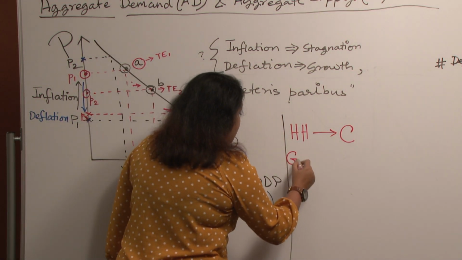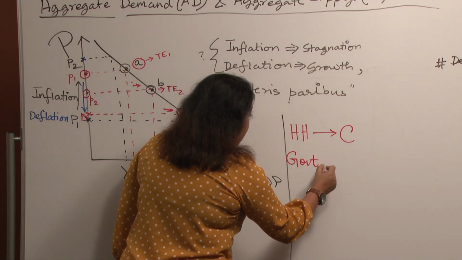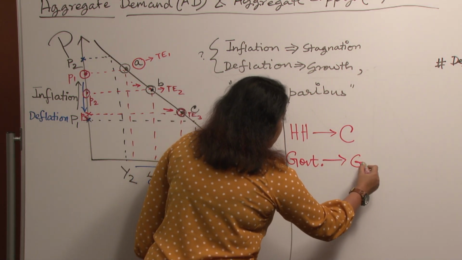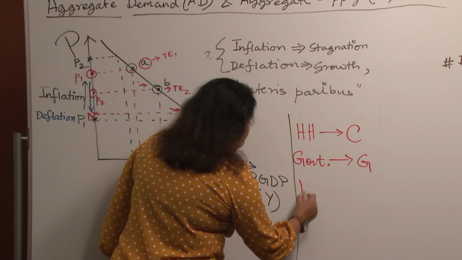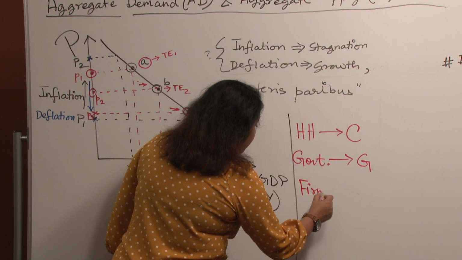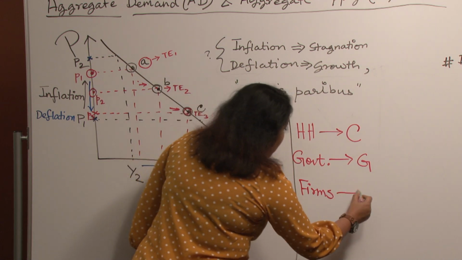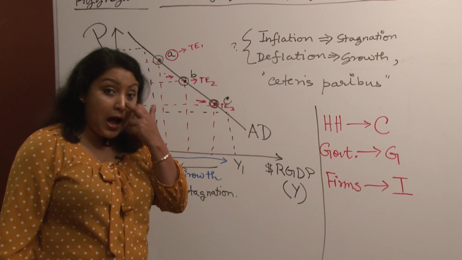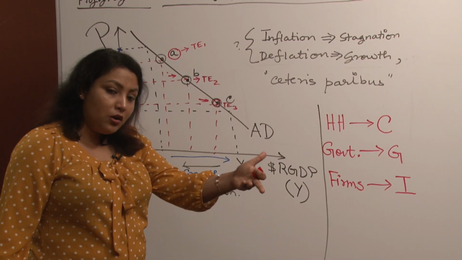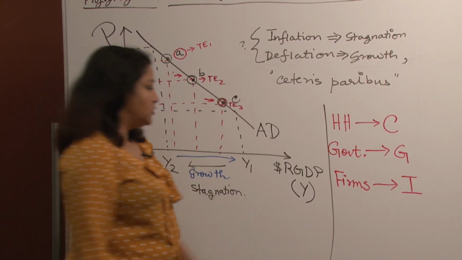Also, the government spends on goods and services, and the spending of the government is known as government expenditure, so capital G. The firms spend on goods and services, so their spending is called the investment expenditure, which is capital I. The rest of the world also spends on our goods and services.